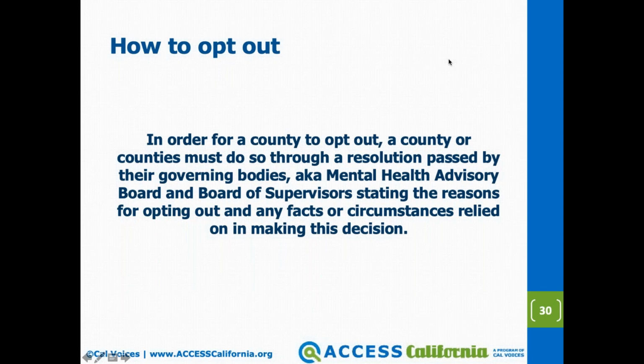And this, again, can be done through your community planning process and ensuring that your voice is being heard at your local behavioral health board, meeting with your MHSA steering committees, and taking any opportunities that your county provides for public participation and input to have your voice or concerns addressed.